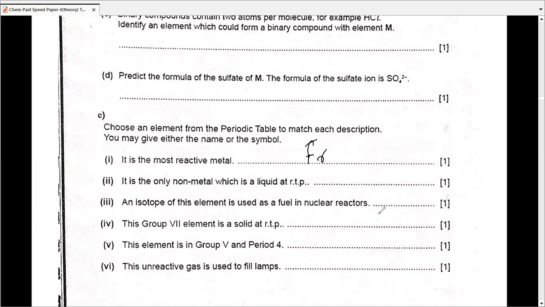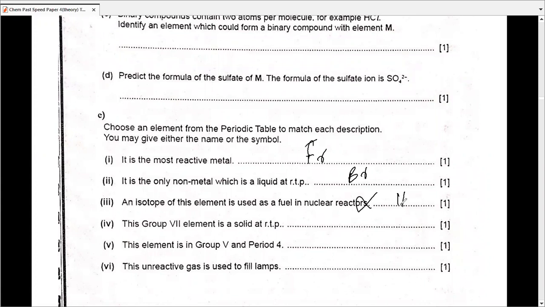Only non-metal which is liquid at room temperature and pressure. RTP stands for room temperature and pressure. It is bromine. Bromine, good. An isotope of this element is used as a fuel in nuclear reactors. It previously was a part of the course, but it is not part of the course anymore.